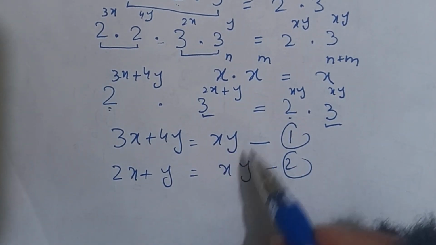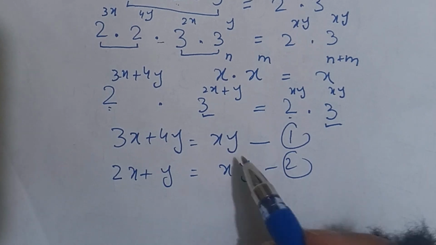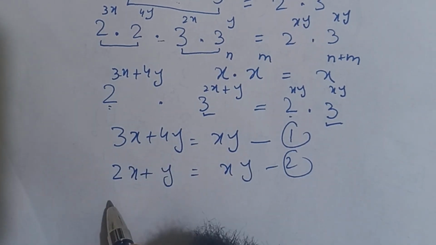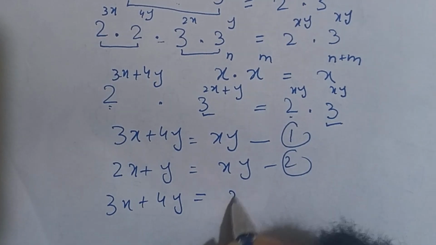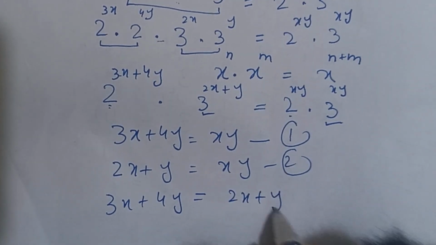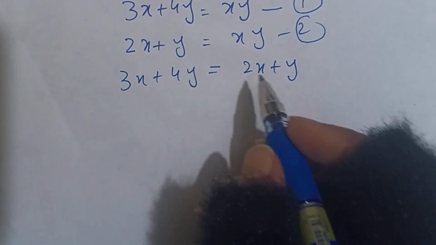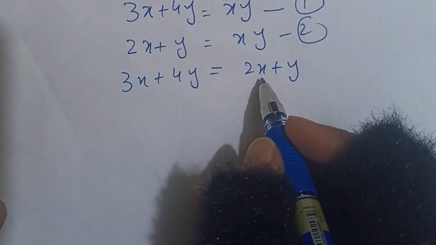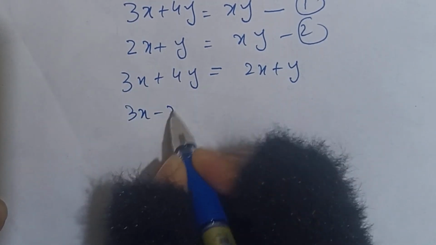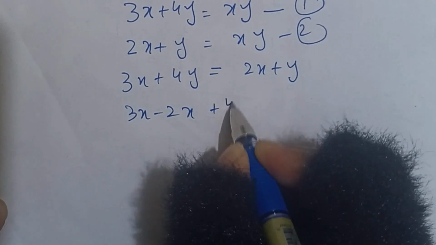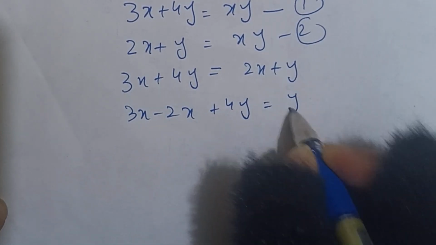Look at these two equations. The left hand side is the same, so we can write 3x plus 4y is equal to 2x plus y. In the next step, if we subtract 2x on both sides, then we get 3x minus 2x plus 4y is equal to y.